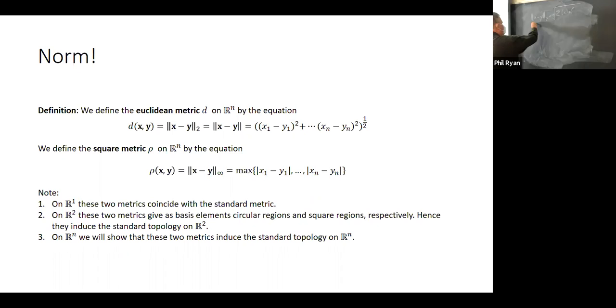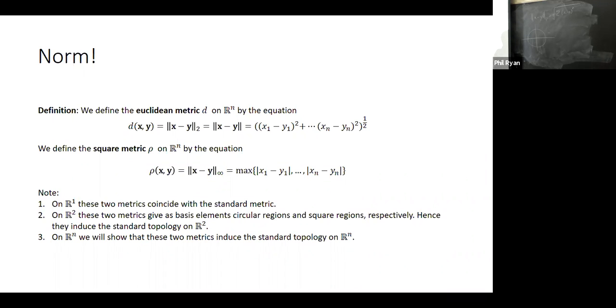So for example, in Euclidean space, the 2 norm gives the ball around the origin looking like a circle like that.